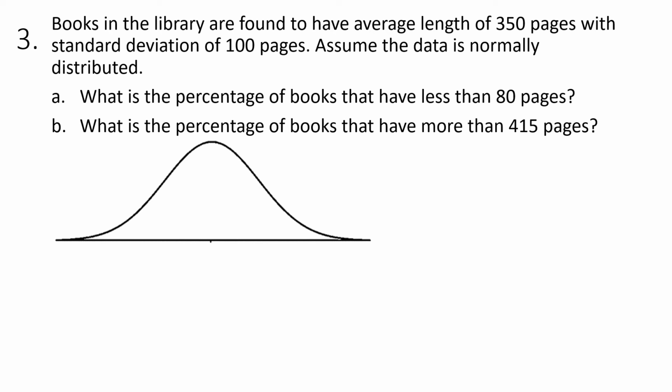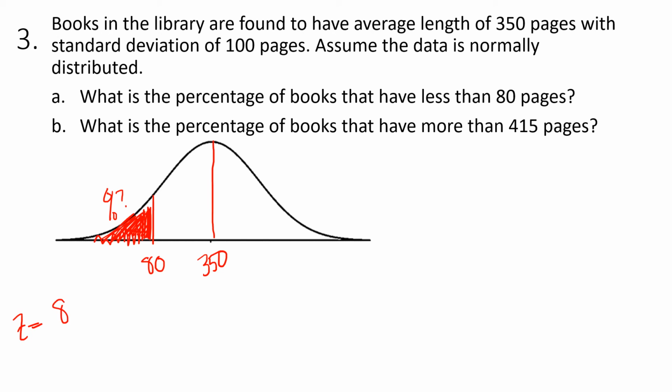So I like drawing it on the picture. So I have 350 as my average with a standard deviation of 100, but I'm probably over here at 80 pages. And so they're asking, what is the percentage of books that have less than 80 pages? So what is that percent? That is the question. So before I can look up the percentage on my purple table, I have to find my z-score.